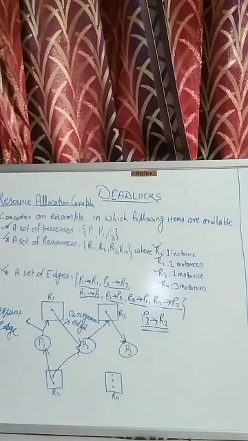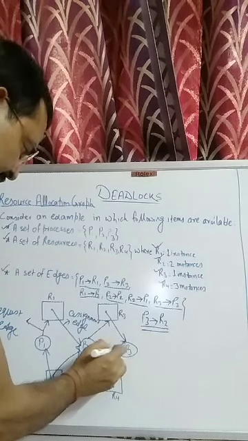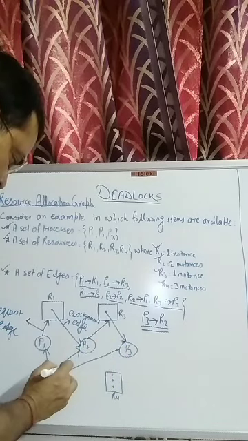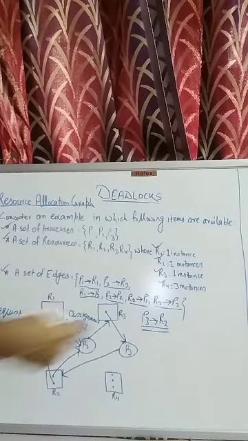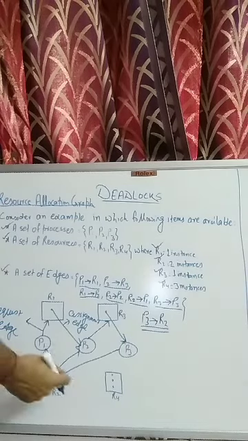This is the new edge, and for this one request edge is added to the system or resource allocation graph from process P3 to resource R2.